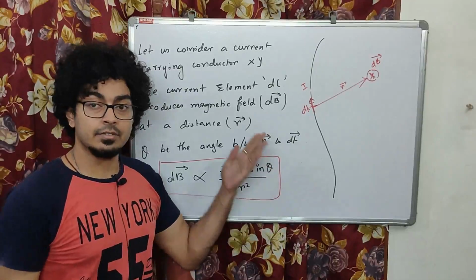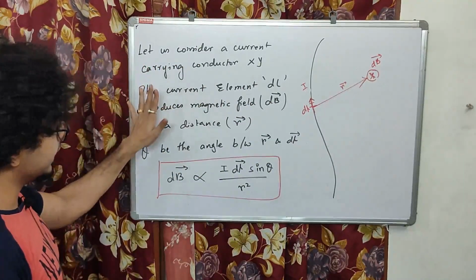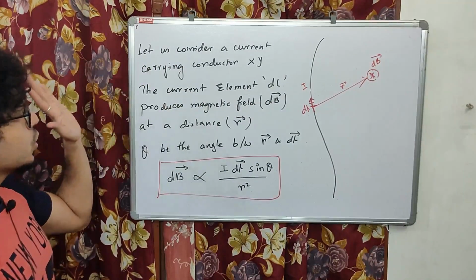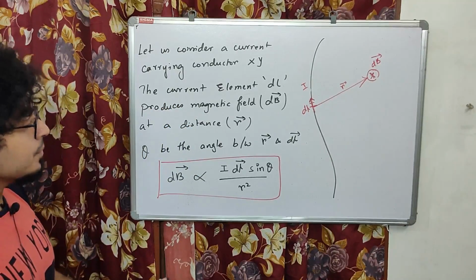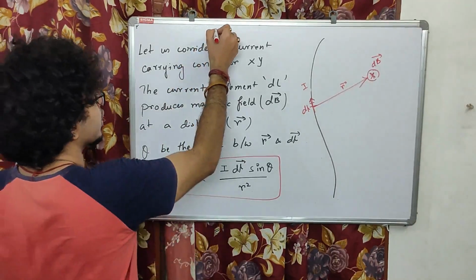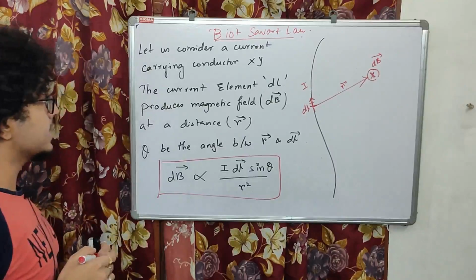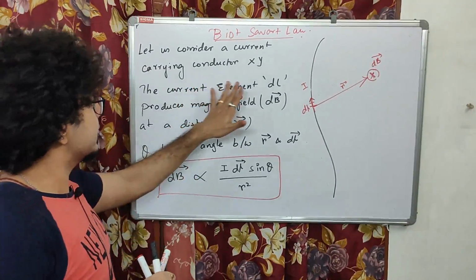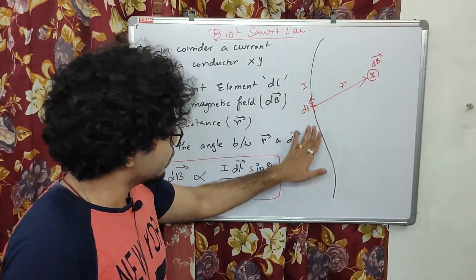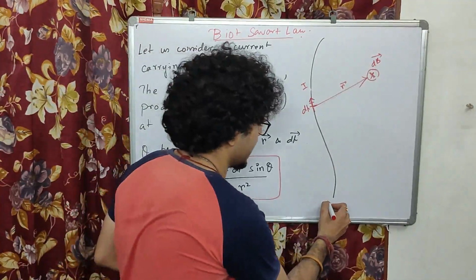So here I have drawn and written the Biot-Savart law. What does the Biot-Savart law tell us? It says that for the current element dl, see, current is flowing through this wire, that is XY.